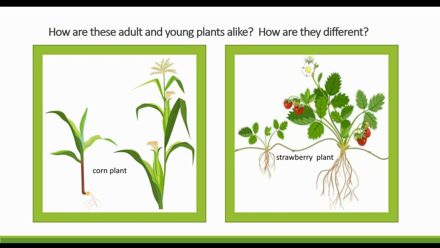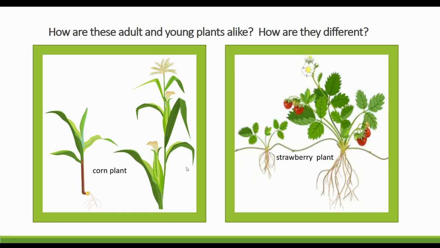They just get bigger and bigger. The only difference in the strawberry plant is the fruit. The young plant doesn't have the fruit yet until it becomes an adult. You can also see flowers in the adult. Over here at the corn plant, the young plant doesn't have the corn yet. It has to grow into it.